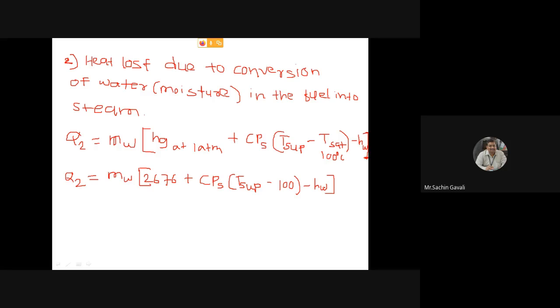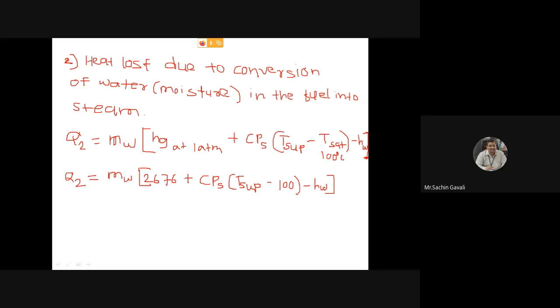Then write down CPS. CPS is the mean specific heat of steam at constant pressure.